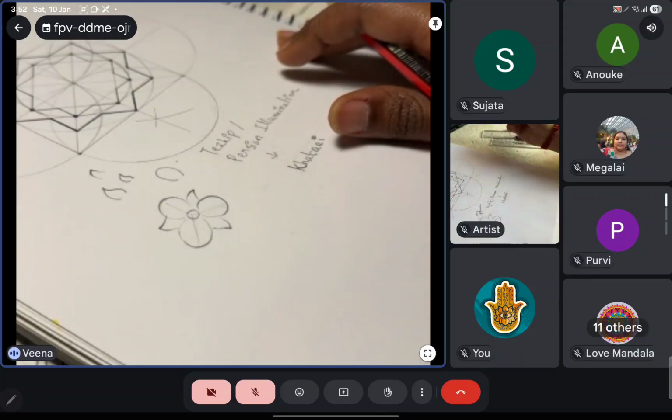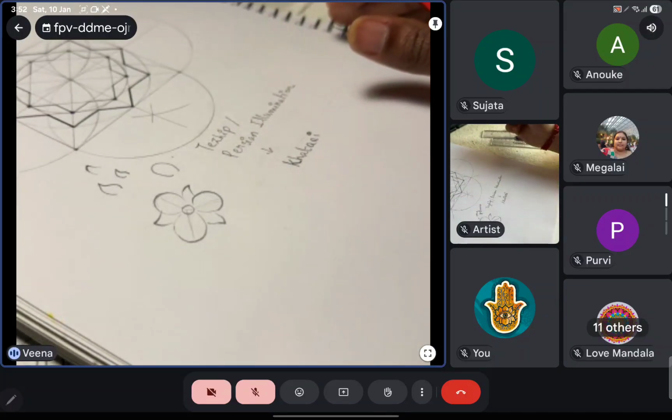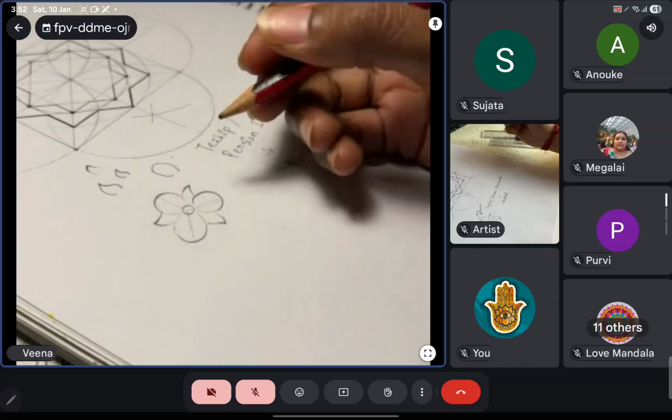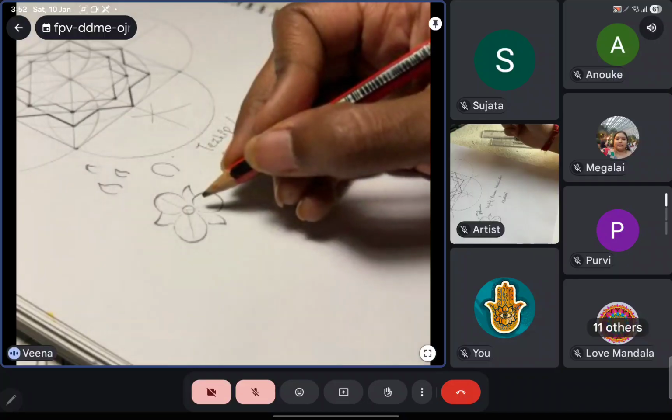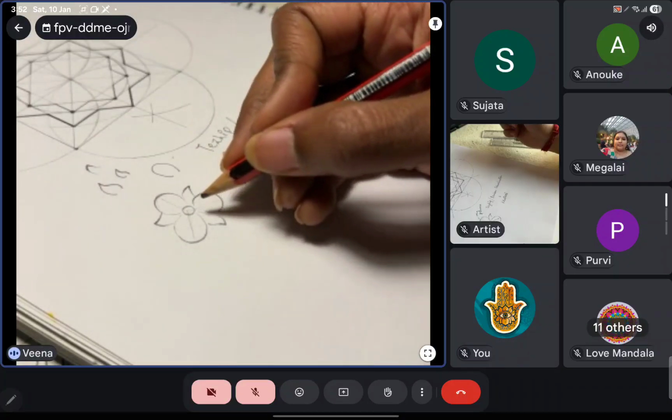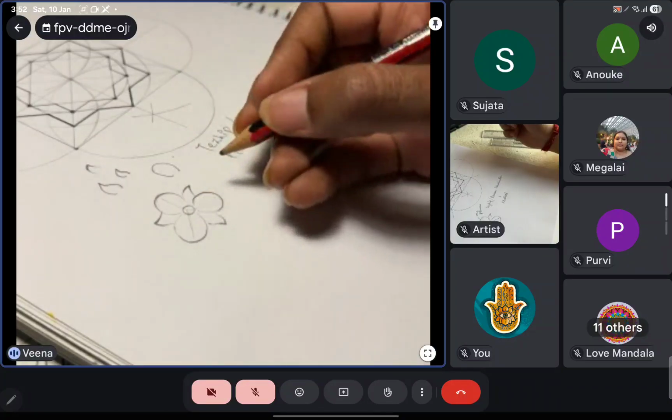And then the next one is basically, so this one itself you could draw with 4 petals.